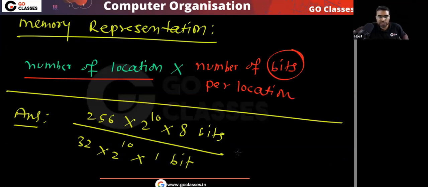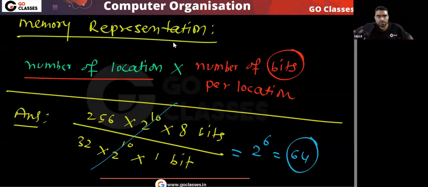Now divide. The 2 power 10 terms cancel out, and the numerator is 2 power 8 times 2 power 3, that is 2 power 11, divided by 2 power 5. So that is 2 power 6, which is 64. So the answer will be 64.